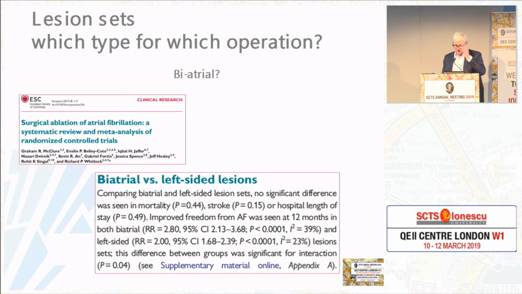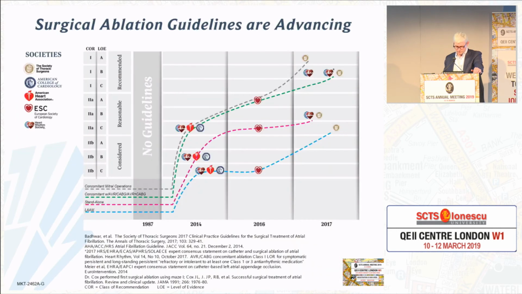The only thing was that also here, the pacemaker rate was slightly higher for the biatrial approach. And this all resulted in quite firm guidelines as reflected by this slide. I think the STS are the most strict guidelines. They came out in January of 2017, giving a 1A recommendation for mitral valve surgery and a 1B recommendation for aortic valve and CABG surgery.